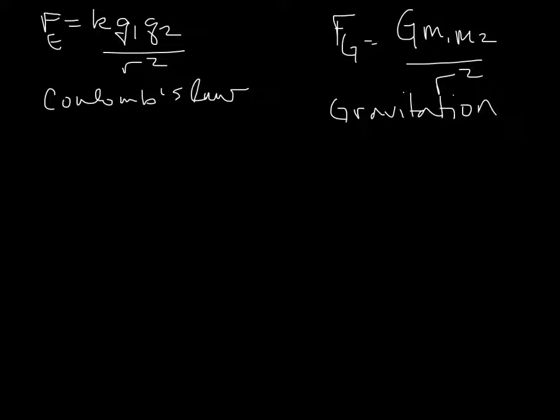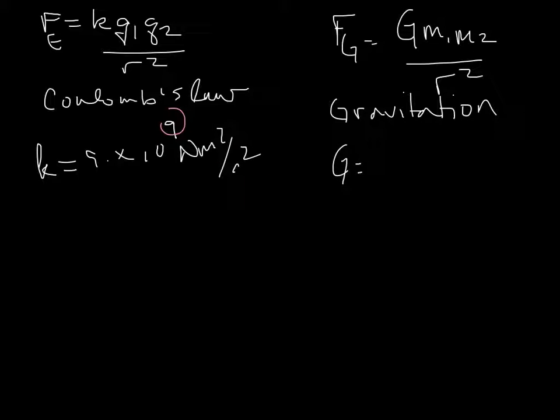A big difference is that K, remember, is 9 times 10 to the 9th Newton meters squared per Coulomb squared, which is very, very large compared to G, which is 6.67 times 10 to the minus 11 Newton meters squared per kilogram squared.